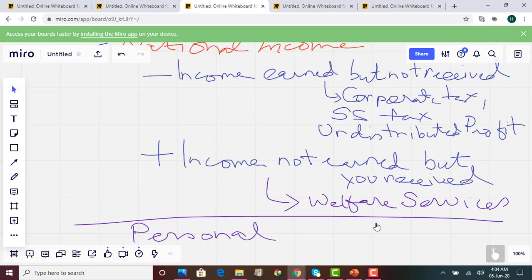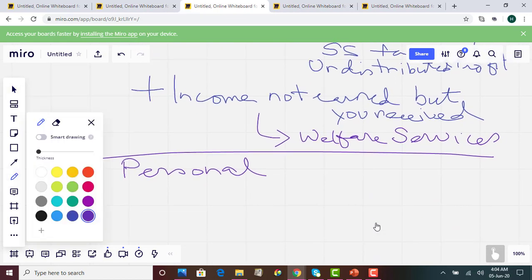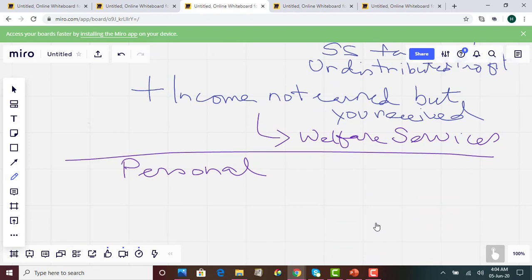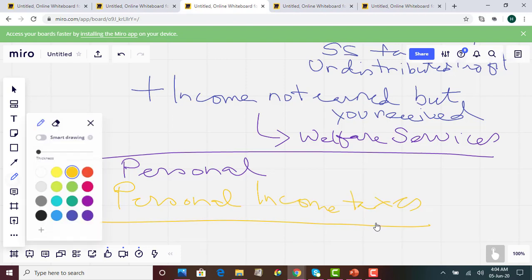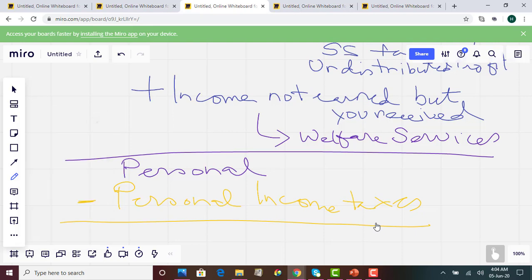Then we take out the personal income taxes, minus personal income tax, and finally we end up with the last number, which is called disposable income.